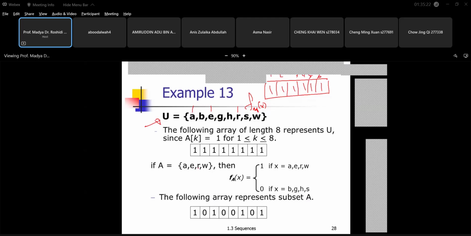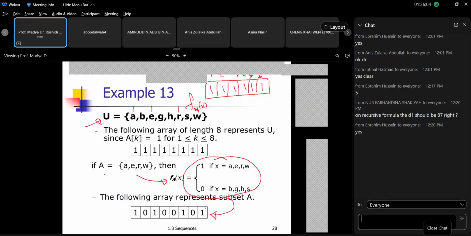Because A equals {A, E, R, W}, the way we represent this set through a function is: F_A(x) is 1 if x is in {A, E, R, W}, and 0 if x is the opposite, where B, G, H, R... Then once we present this function, we can create the computer representation at location 1, 3, 6, and 8.